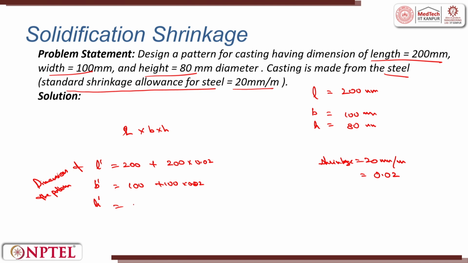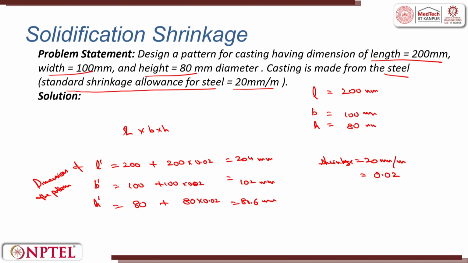Similarly, the height of the pattern would be 80 plus 80 into 0.02. So, this gives me 204, 102 and 81.6 millimeters each as my length, breadth and height of the pattern.